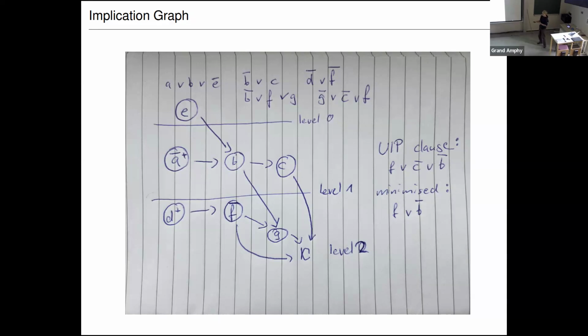Yes, so RUP, in principle, means you look at that propagation, and that would be an LRAT proof. But you're saying it's hard to extract that LRAT. Yes. If you look at the final clause and then you look at the graph, it's very easy to reconstruct the LRAT proof, or the resolution proof.